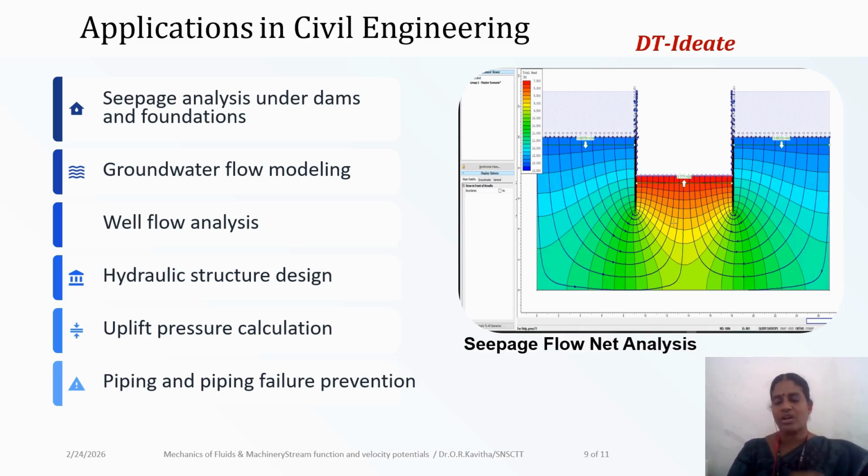If you are modeling by software, the flow net is important. Also in well flow analysis, and whenever you design any hydraulic structure, for example dams or reservoirs, and whenever you construct any underground structure, we have to study the uplift pressure acting on it. There we use the flow net, and by doing so we can avoid piping, and failures due to piping can be avoided.